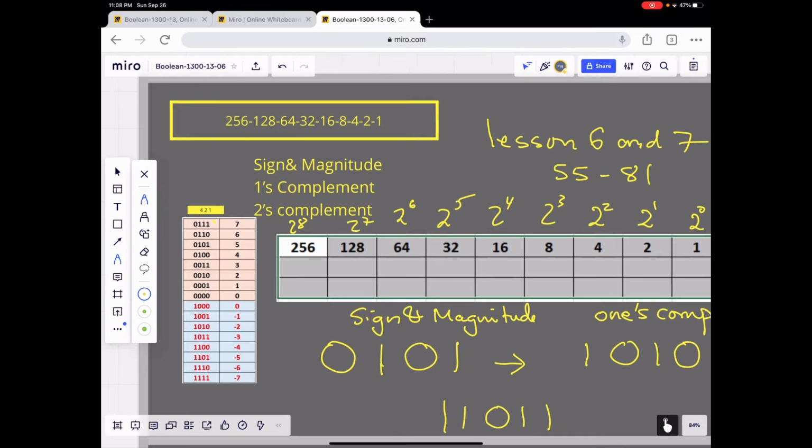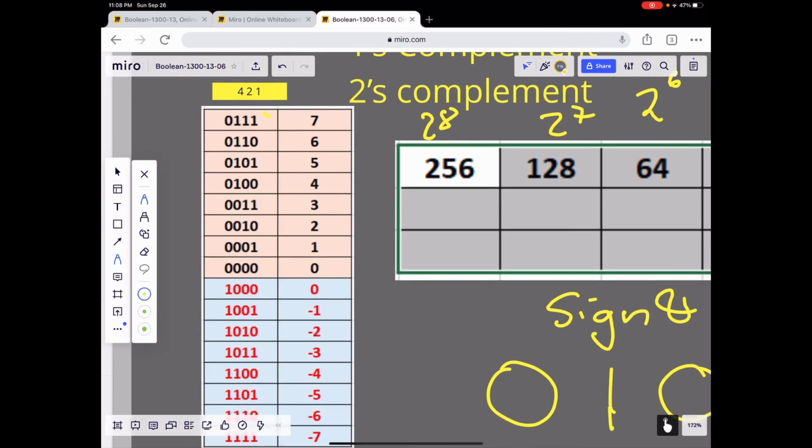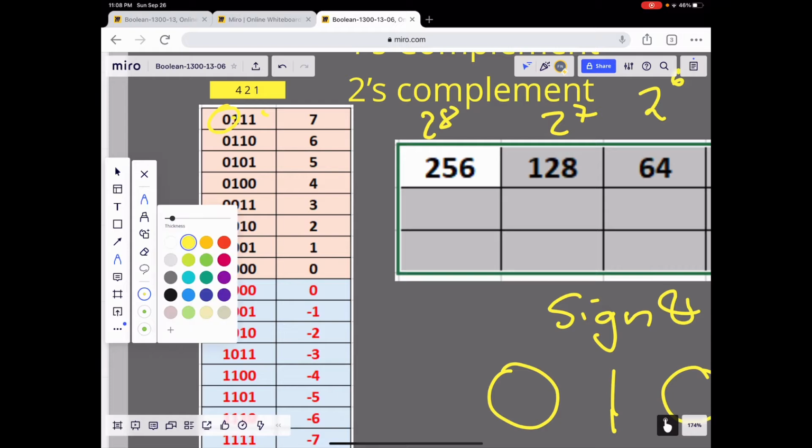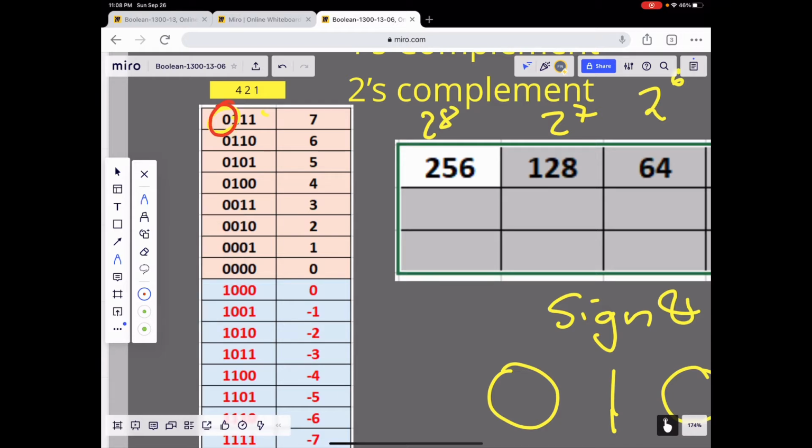I have the table right here, and you can see the black numbers and the red numbers. In front of the number from 7 to 0, you see the most significant bit, which is 0 here. I'm going to do it in red. 0 here represents positive, and 1 represents negative.